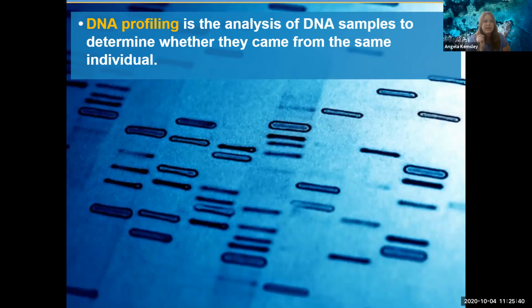You probably heard the term on a show like CSI, or some kind of crime drama where they find a little piece of hair or a little speck of blood, and then they're able to run that and find out who the bad guy was. That's through a process called DNA profiling. So that's this next section, how crime scene investigators and detectives are able to take a little piece of hair or a little speck of blood and use it to find the bad guy.